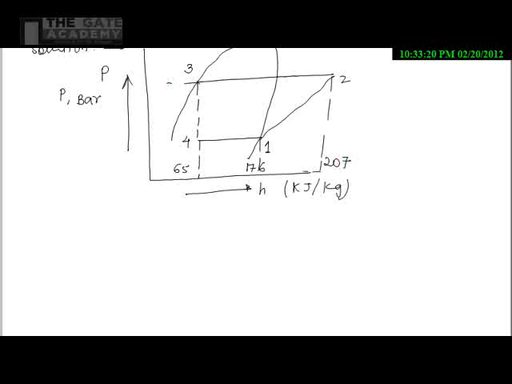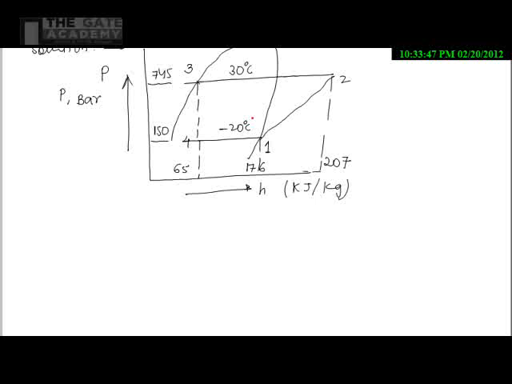In terms of pressure, here 745, here 150, and the temperatures are 30 degrees centigrade and minus 20 degrees centigrade. So this is a typical representation of a vapor compression cycle on the pH diagram. So now let's solve this problem.